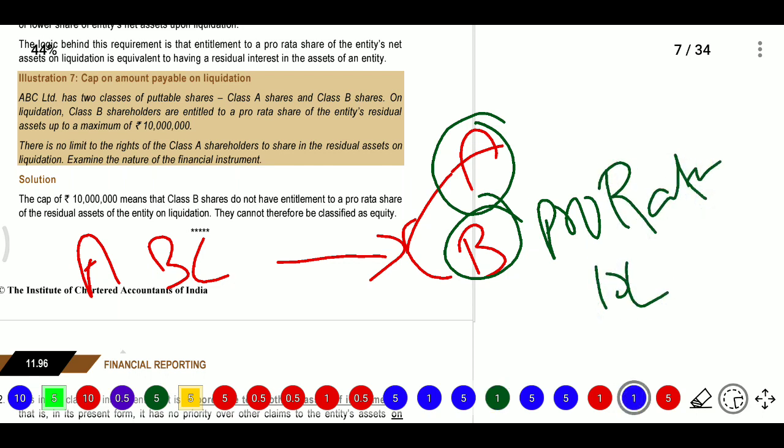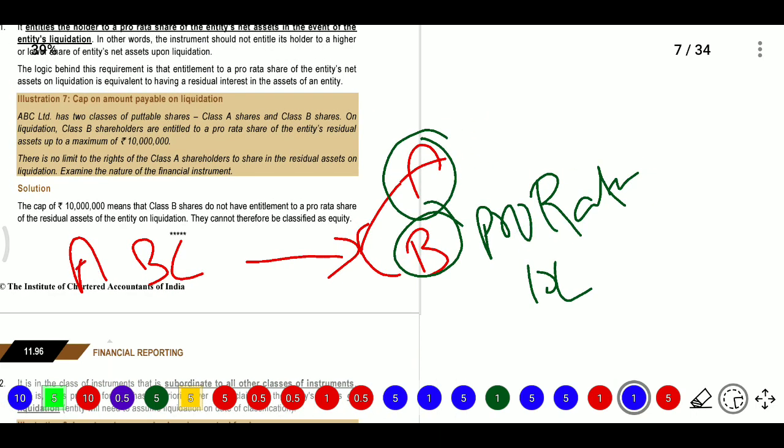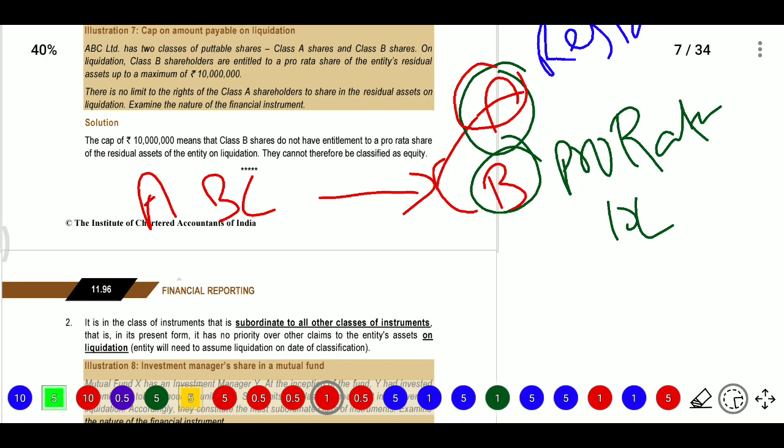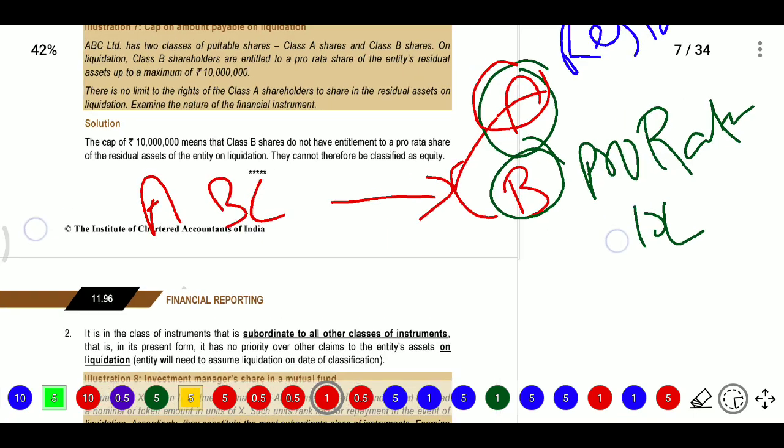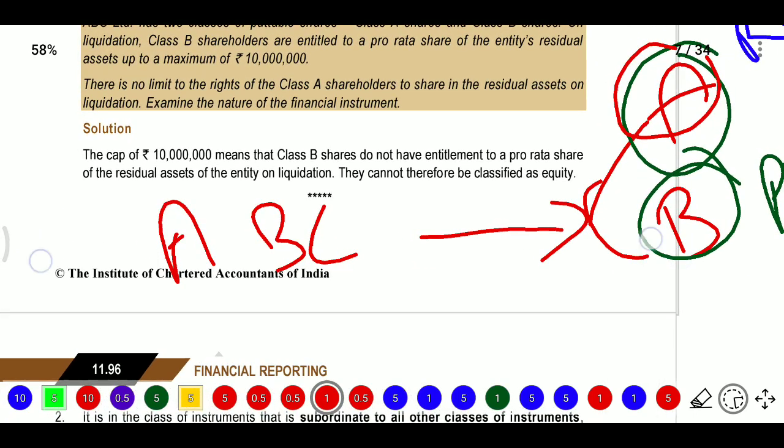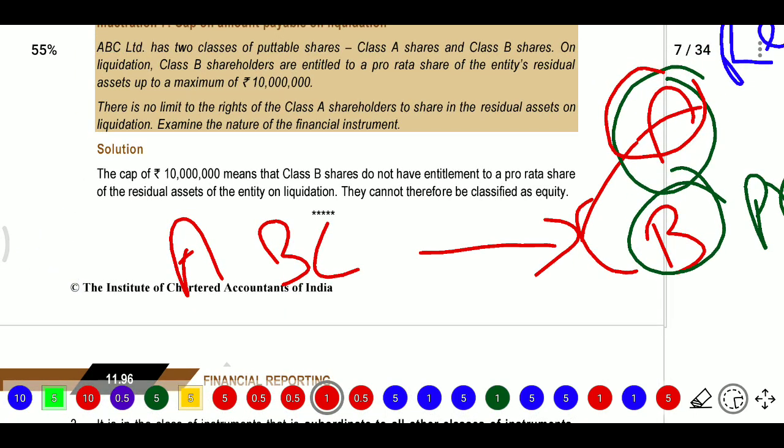There is no limit on the right of class A shareholders to share the residual, so they will get the residual assets. So this person only has more risk. The cap is 10 lakhs for B; class B shares are not entitled to a pro rata share of the residual assets of the entity on liquidation. So if the entity is on liquidation, they will not get more than that 10 lakh rupees.